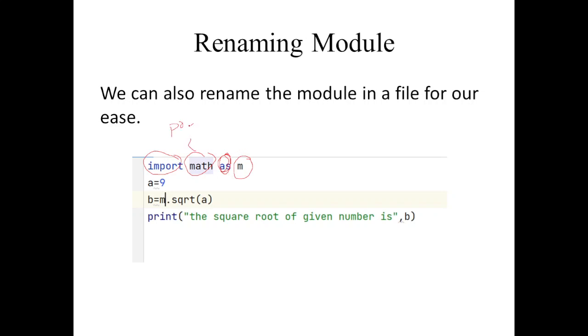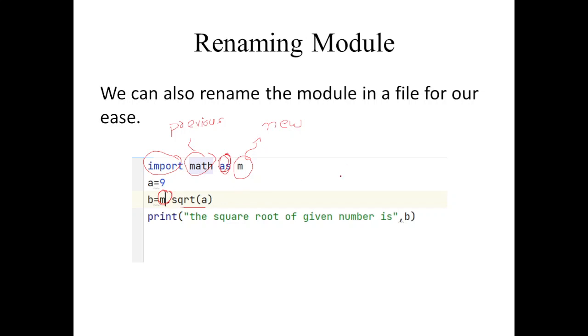First we write import, then the previous name, and after the previous name we use the keyword as, and then we write the new name of this module. Whenever we use any function of this module, we will use this new module name in future. We will ignore the previous name and use the new name.